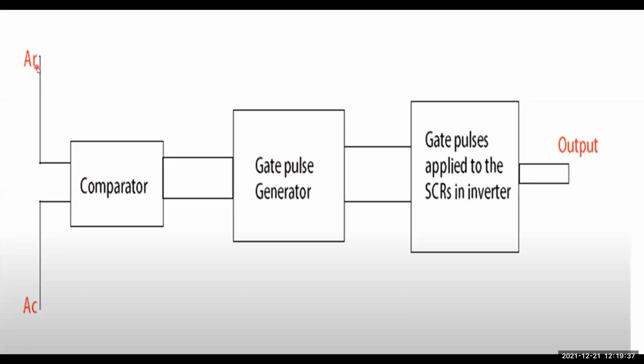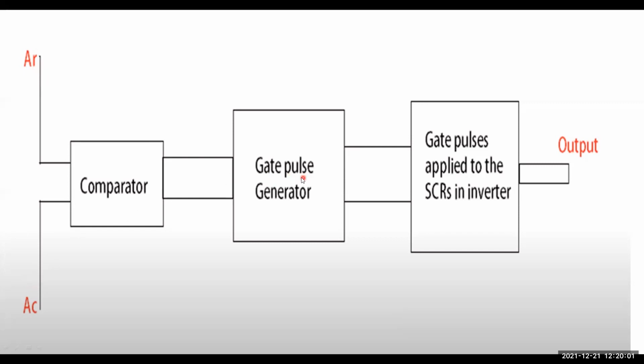If the reference signal is rectangular or square, we get gate pulses when the carrier signal is greater than the reference signal. For sinusoidal pulse width modulation, if the reference signal is sinusoidal, we get gate pulses when the reference signal is greater than the carrier signal.